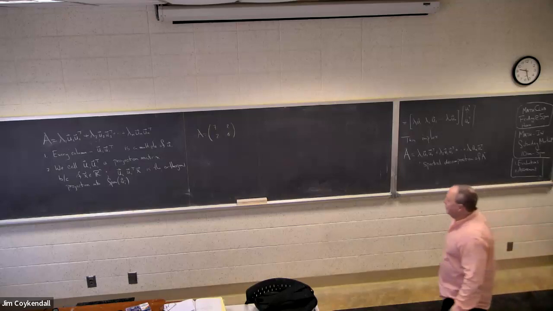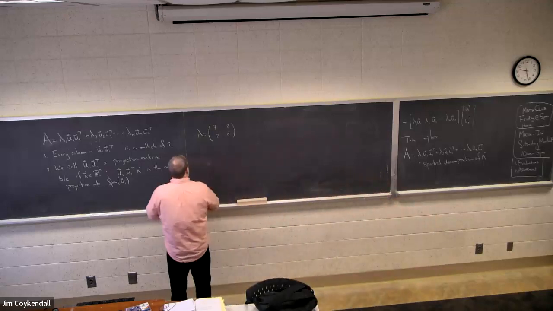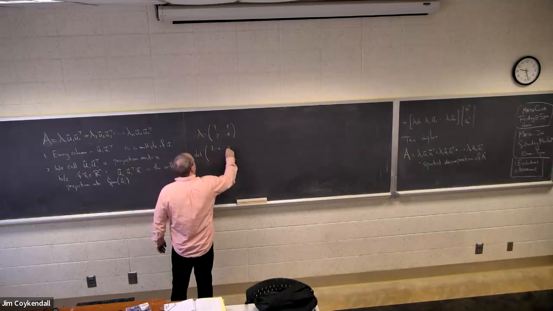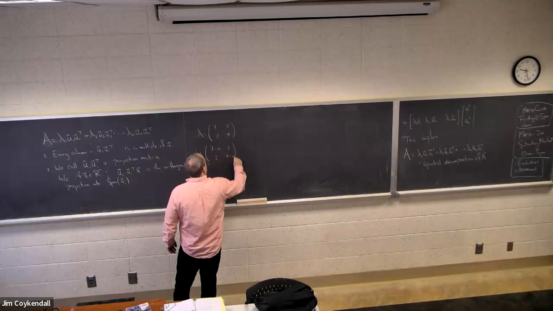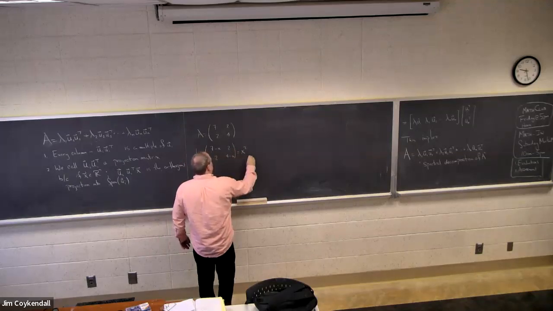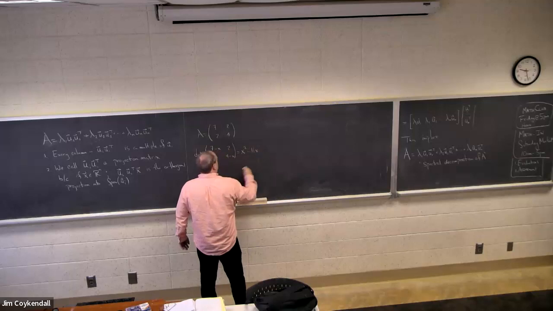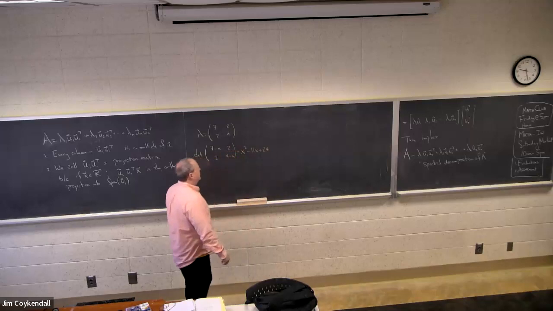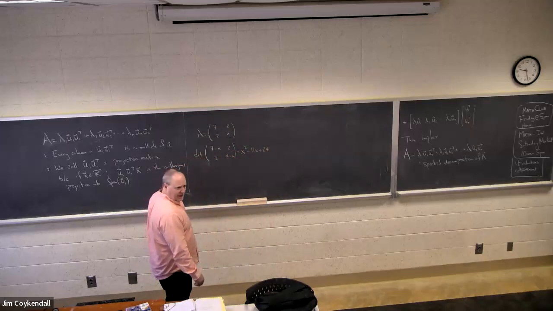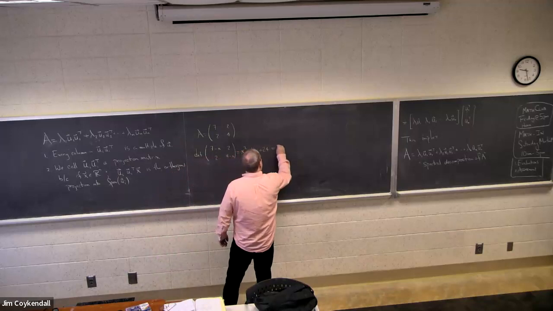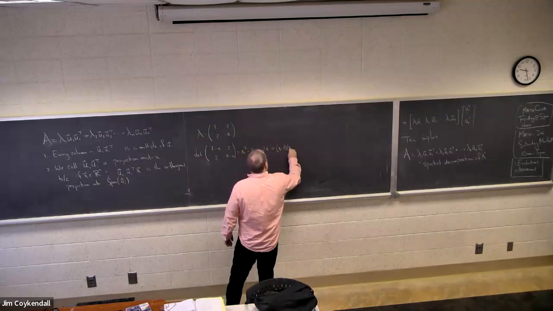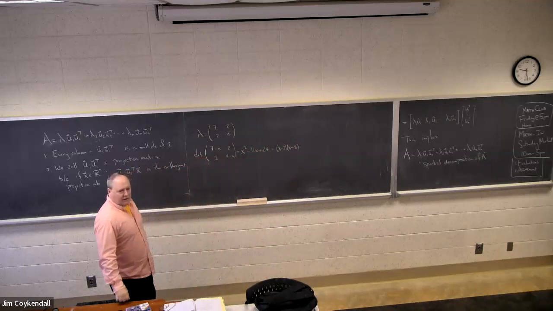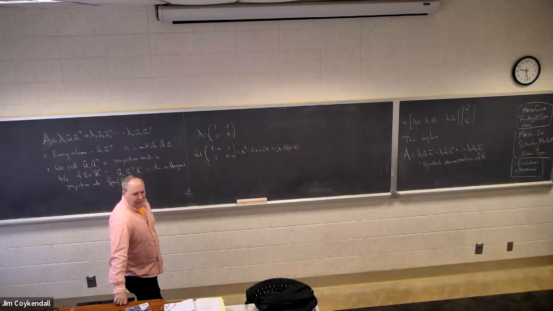So this is good practice. So let's look at the determinant of 7 minus x, 2, 4 minus x, which equals x squared minus 11x plus 24. So I've got two eigenvalues, 8 and 3.